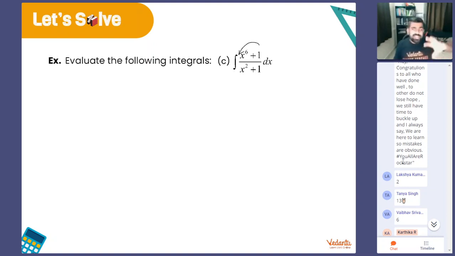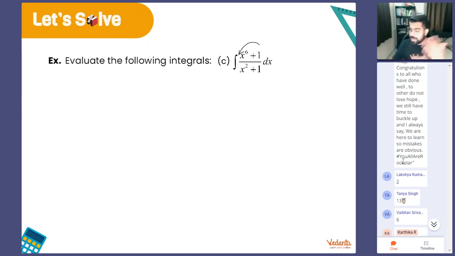When I dealt with trigonometric integration, I used trigonometric identity. When I'm dealing with algebraic integration, I am bringing in algebraic identity. Are you able to see that?